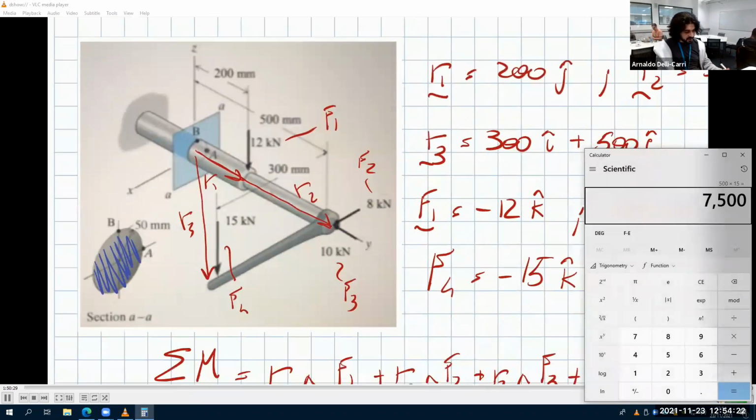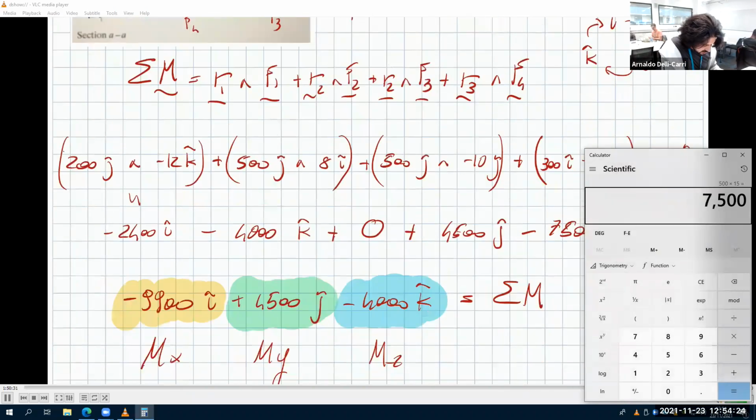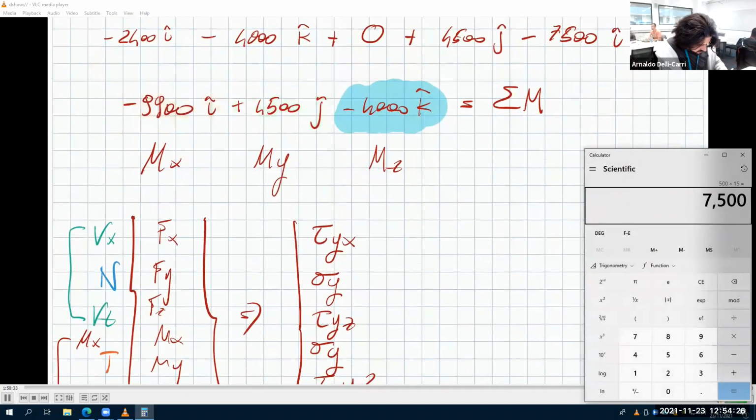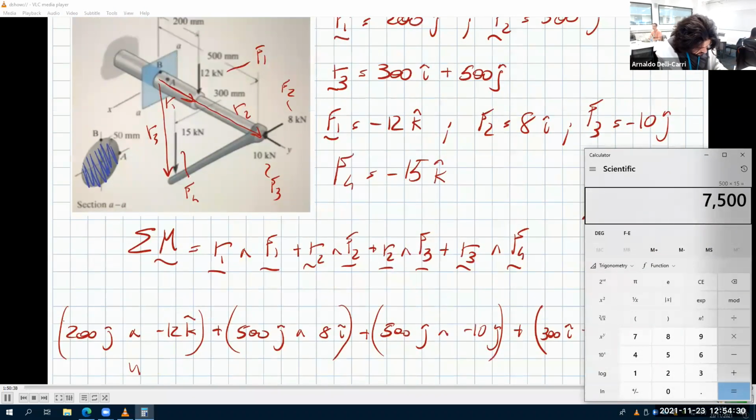In this case, if the twisting torque My is positive, that means like this, T. And so at A we have tau yz positive. So this is tau yz.